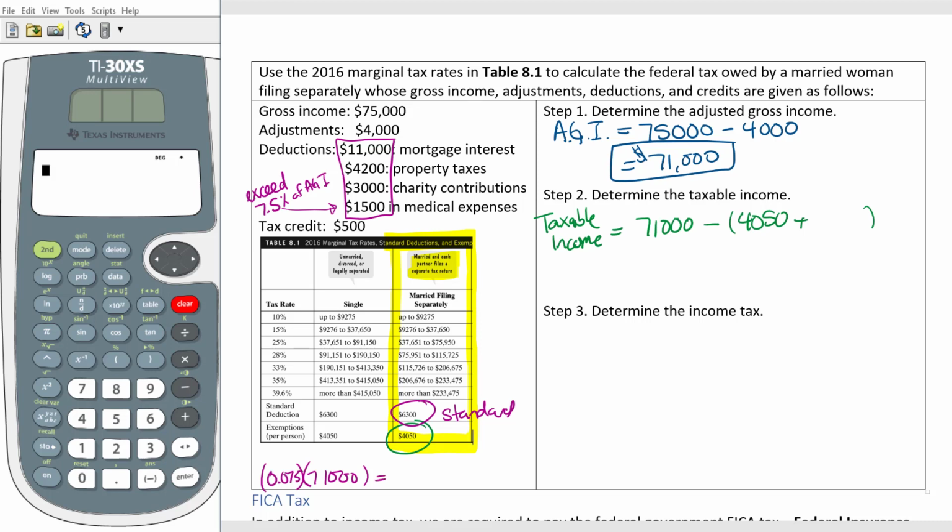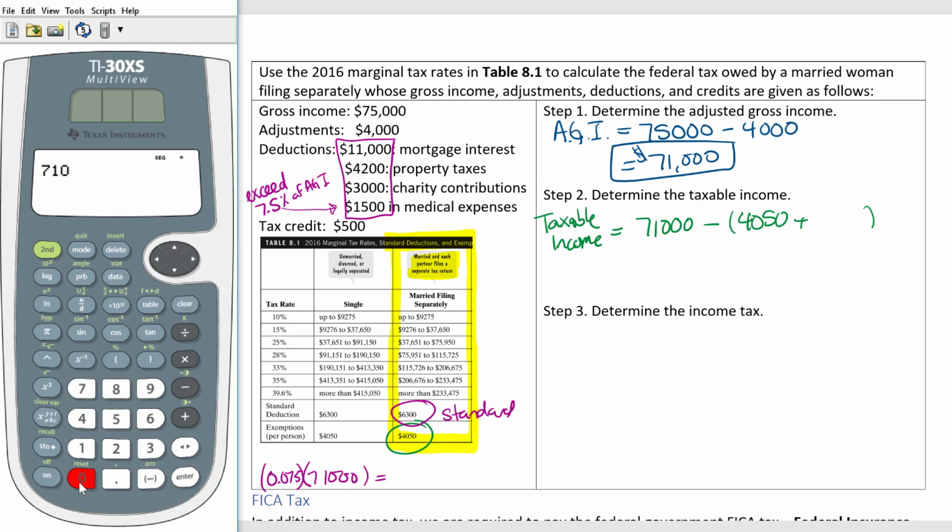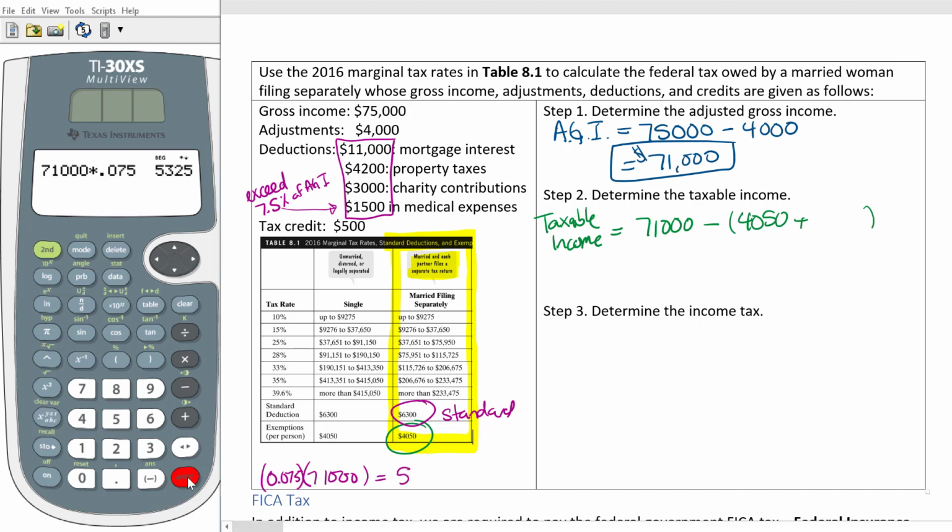0.075. Let's find out how much the medical expenses have to be in order for us to be able to count it. So 71,000 times 0.075. As long as her medical expenses exceed $5,325, then we can actually include it as a deduction.